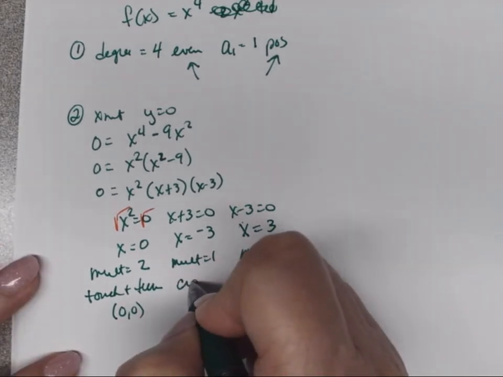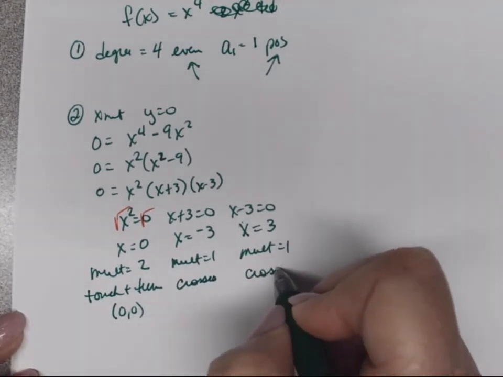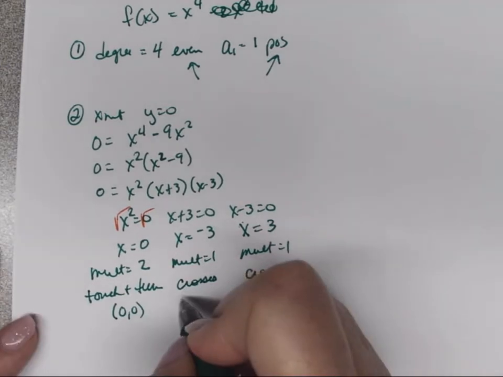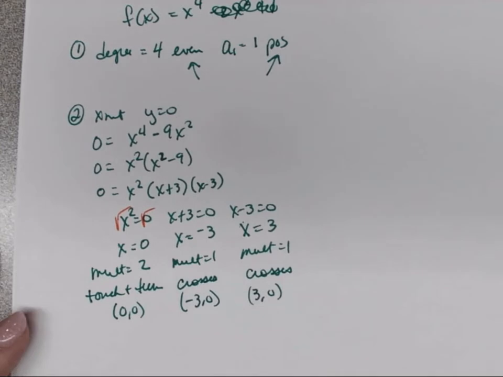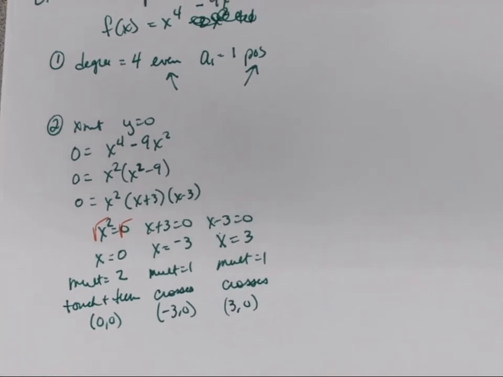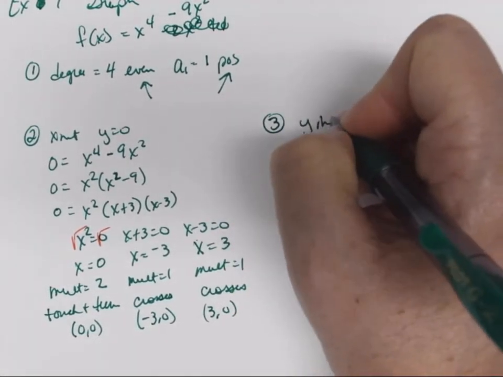This one is going to cross because it has an odd multiplicity, and so will this one. And the points will be negative 3, 0, and 3, 0, because these are x-intercepts.